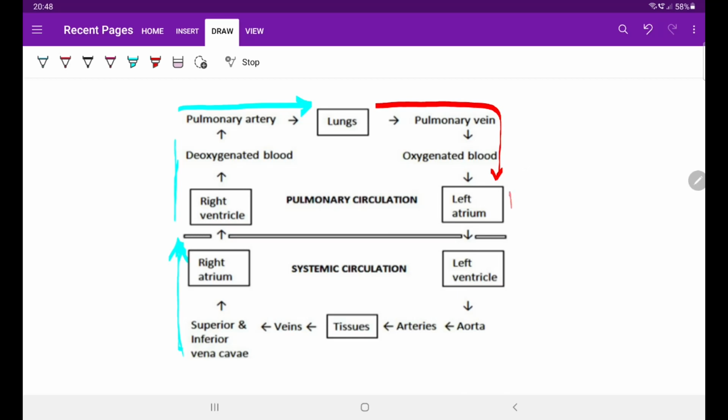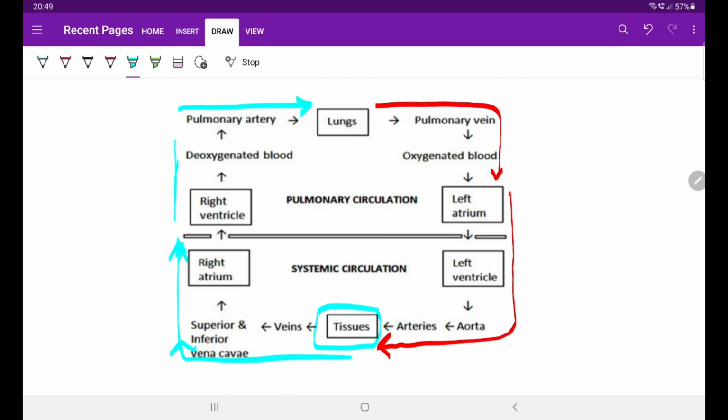From the left atrium, the left ventricle pumps the blood to the aorta and through the arteries, tissues receive the oxygenated blood. Tissues carry out all the catabolic processes. During the catabolic processes carried out at the tissue level, the carbon dioxide generated is again sent into the bloodstream through the veins.